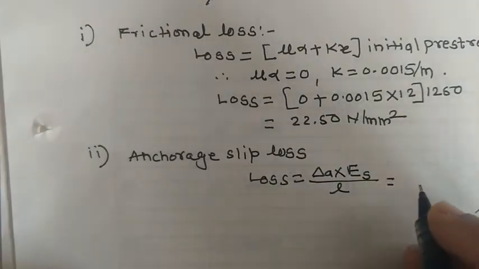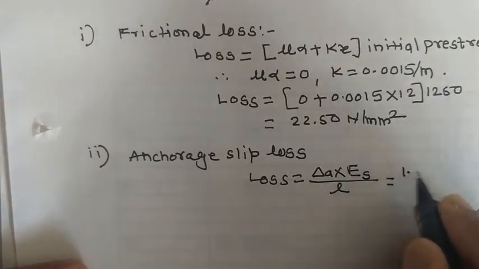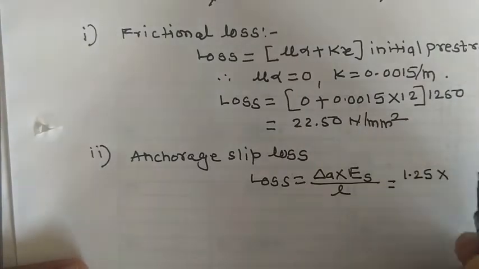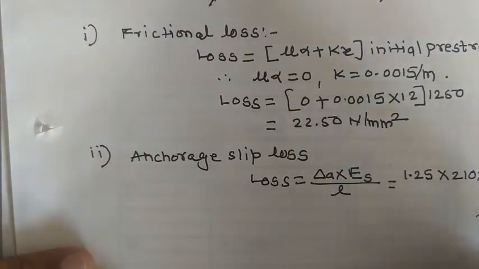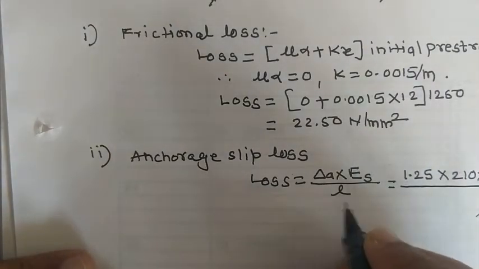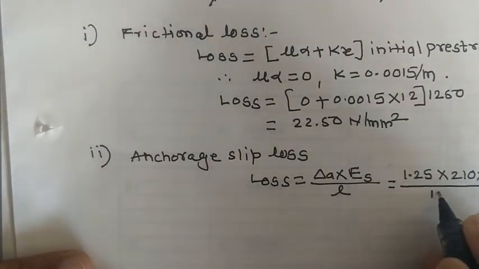The anchorage slip is given as 1.25 mm, multiplied by Young's modulus of steel, 210 into 10 raised to 3. In the question the Young's modulus of steel is given as 210 kilonewton per mm square, so you have to convert this value into Newton per mm square, divided by the span of the beam, 12 meter. So you have to put this value in mm also.